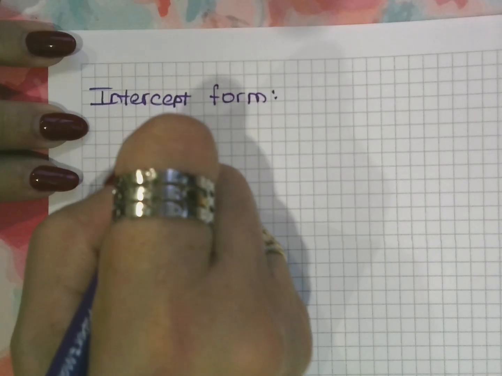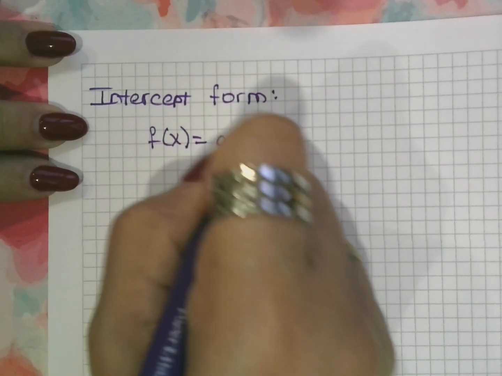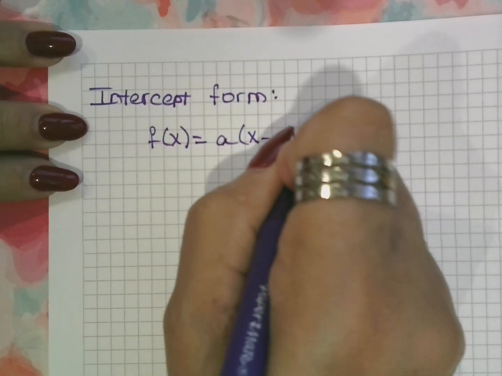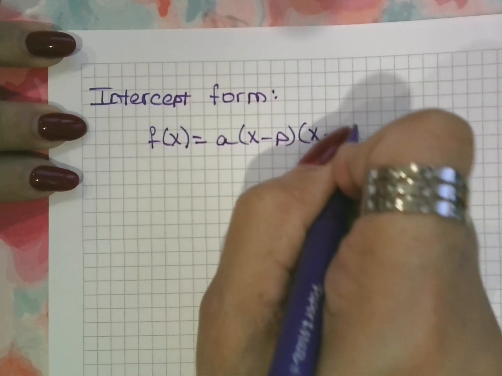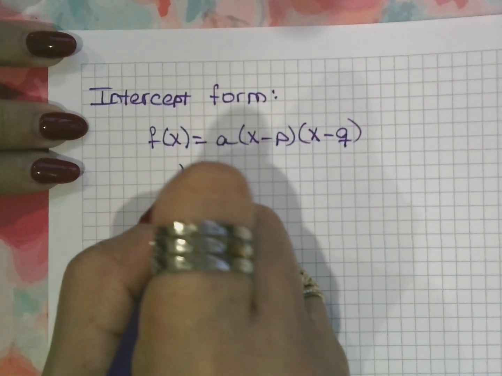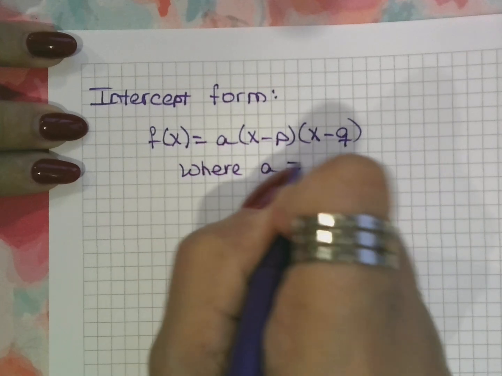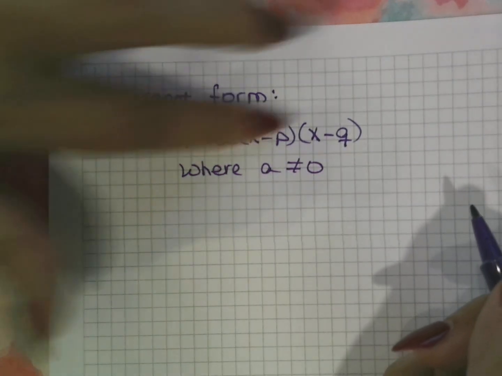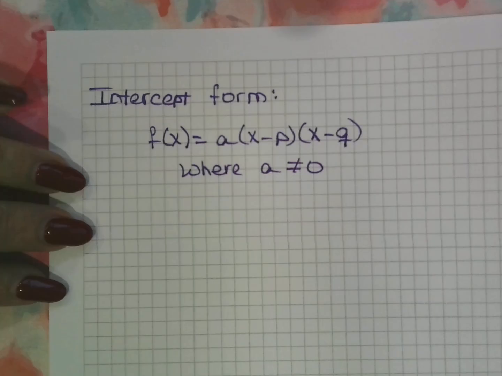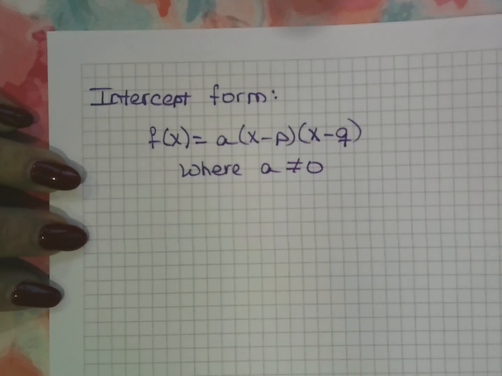It looks like this: f of x equals a times x minus p, x minus q, where obviously a cannot be 0, because if it is 0, everything else goes to 0 and you're left with just a constant, y equals 0, which would be your x-axis.